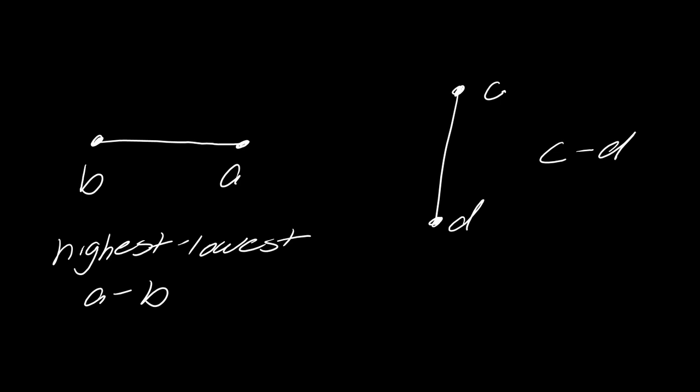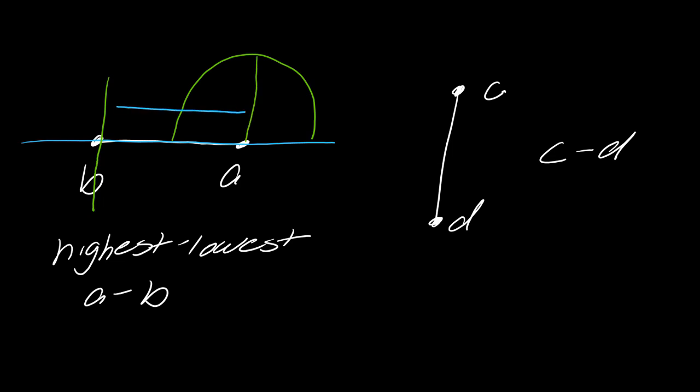So it could be in the shell method that now you are rotating. Let's say that I'm rotating about this line b, and then let's say I have some other curve here. My radius could be this calculation here.